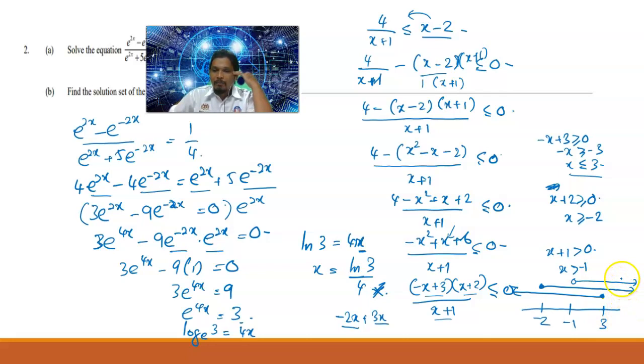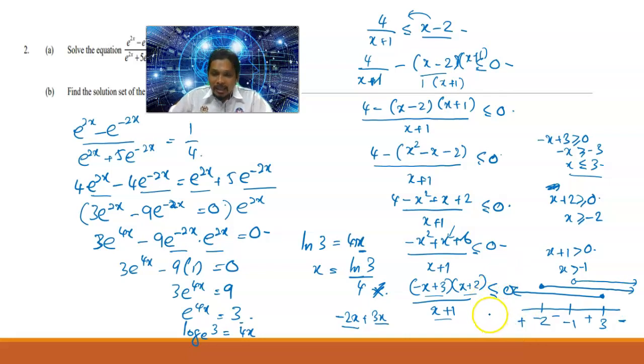So we have positive, positive, and negative. Positive times positive is positive, times negative is negative. Negative times negative is positive, and positive times positive is positive here.